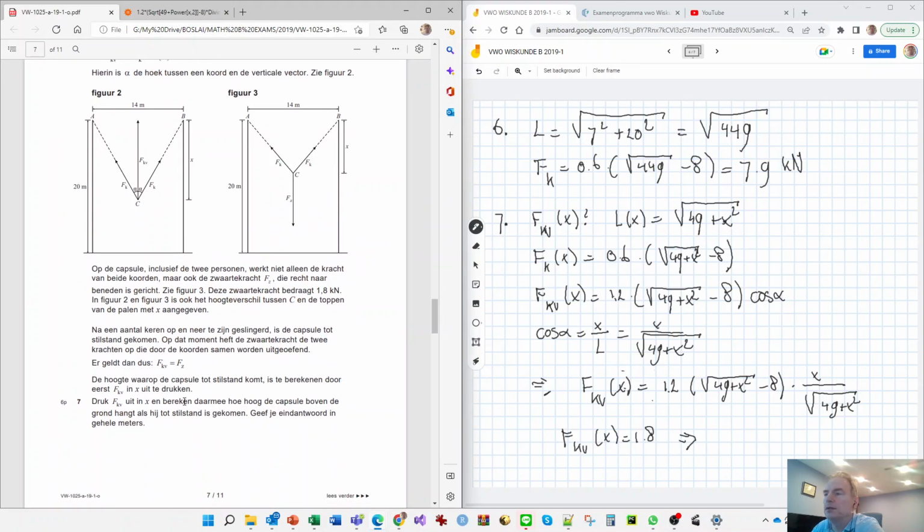In whole meters. So x is 7.25 meter, so that will be 7 meter in a whole number.